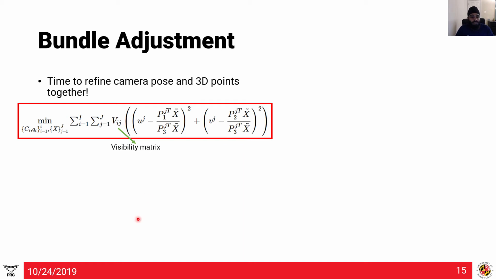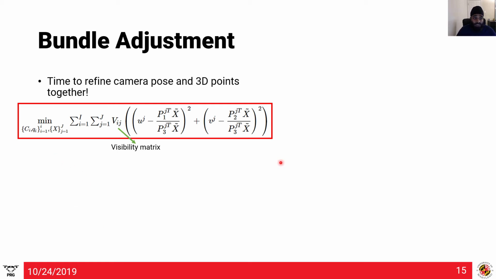Okay, so Vij, you can see here, right, is basically telling me that between frame I and frame J, is that feature point available in that particular frame? If it is, then the value is 1. If it's not, the value is 0. So between 2 particular frames, I will have a huge matrix just having zeros and ones. Okay, that's what visibility matrix is.